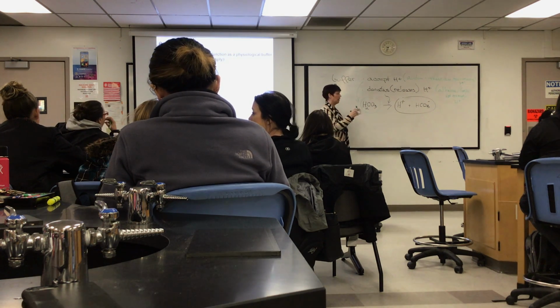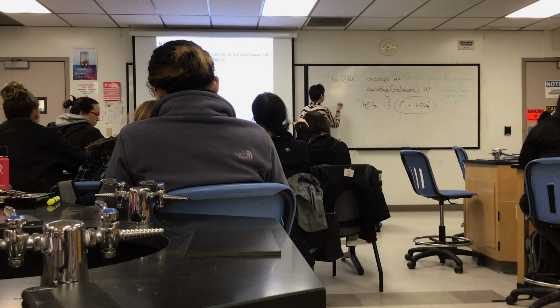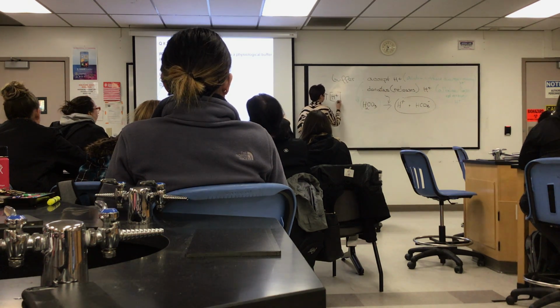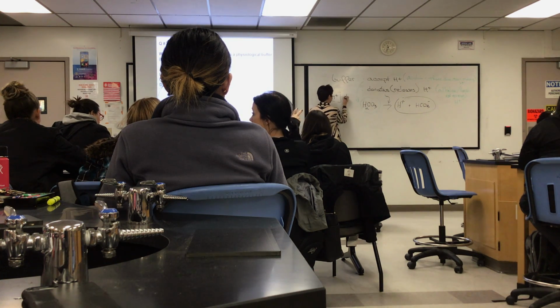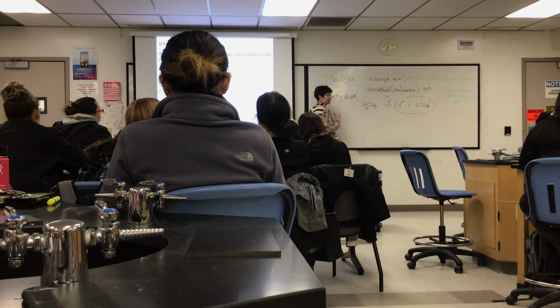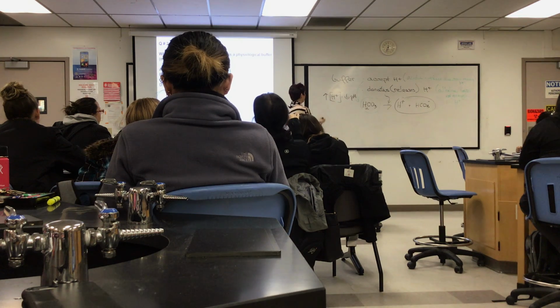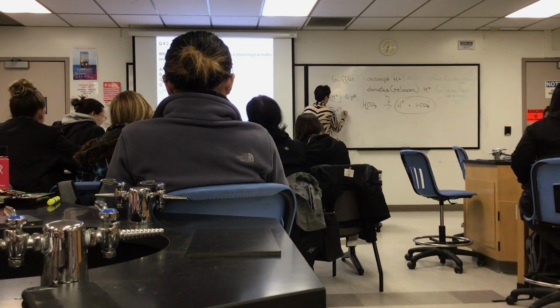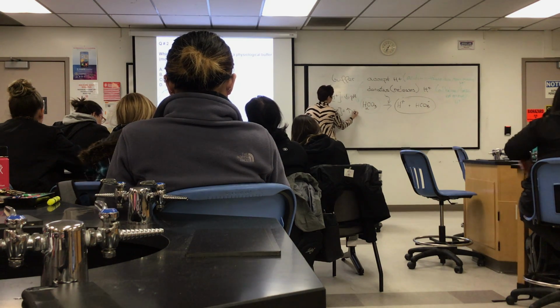Okay? So, in case you've forgotten, a high concentration of hydrogen ions equals a low pH. Sometimes it seems backwards. A low concentration of hydrogen ions equals a high pH.